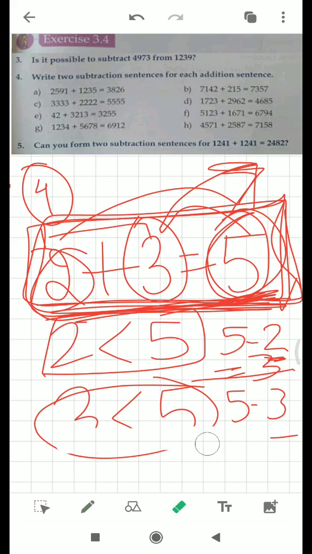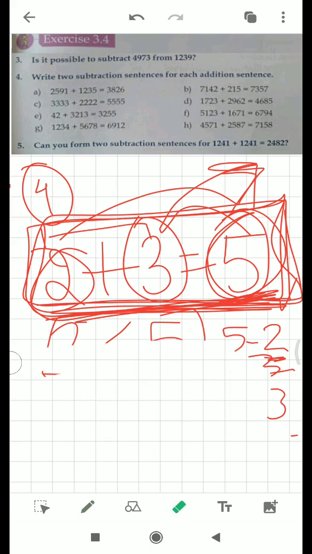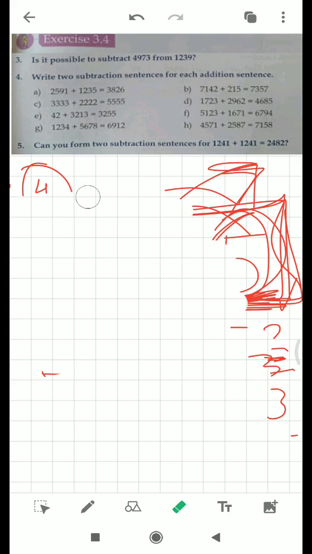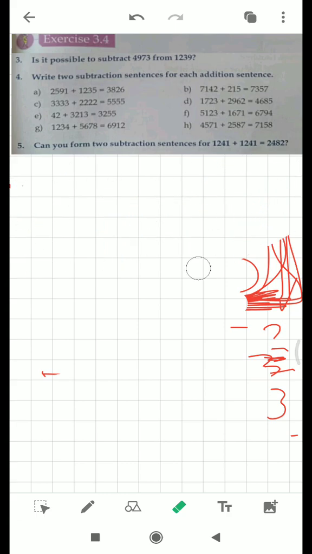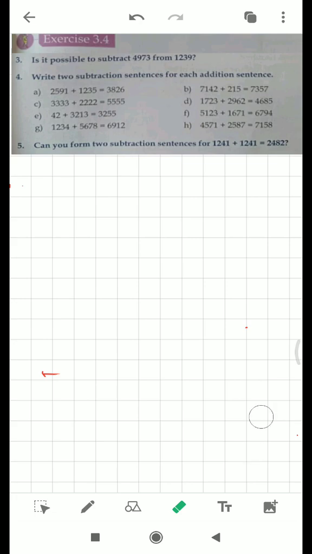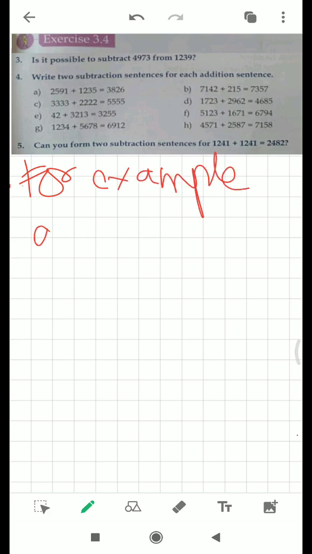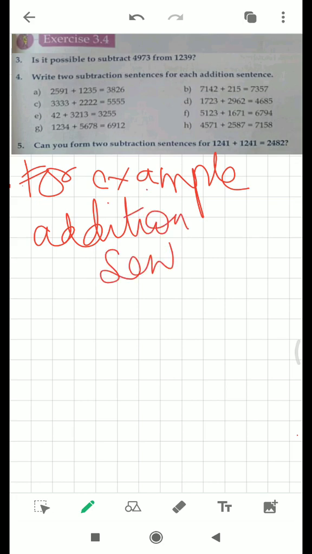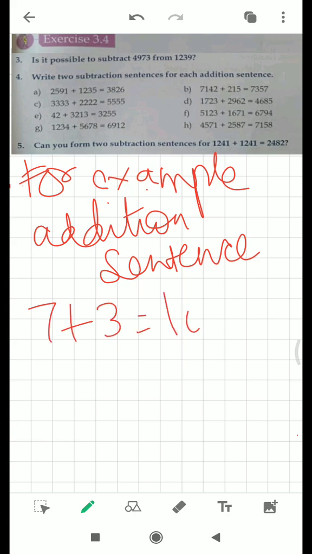So let me show you clearly how to do it. If you are given an addition sentence, then you have to write subtraction sentences like this. For example, you have an addition sentence like this: 7 plus 3 equals 10.